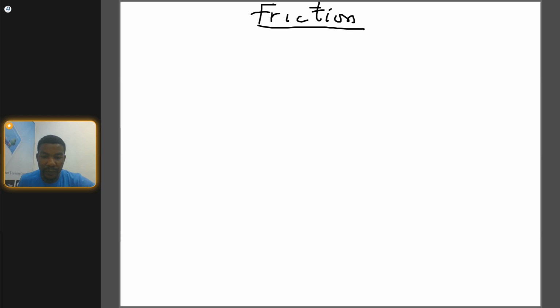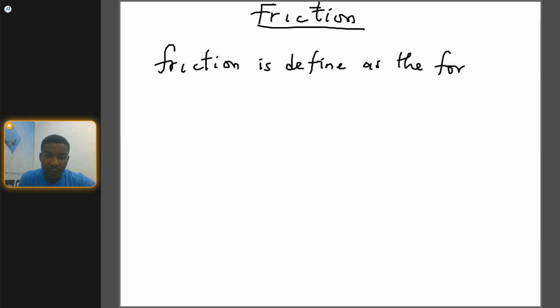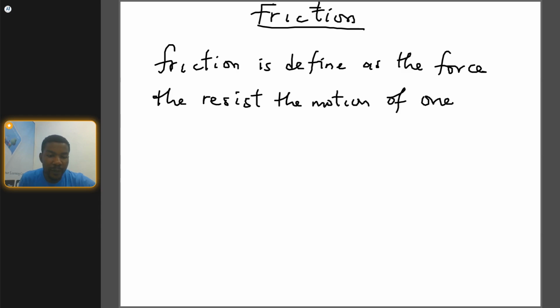Okay, friction is defined as the force that resists the motion of one object against another.